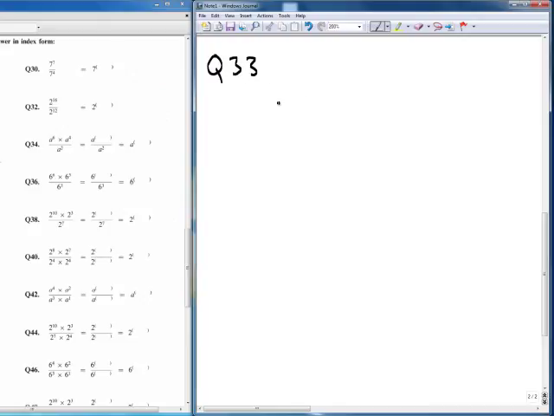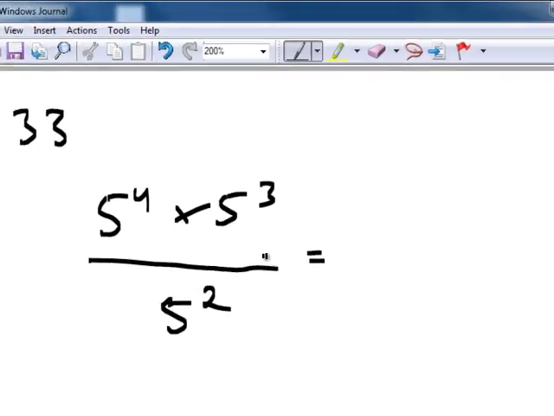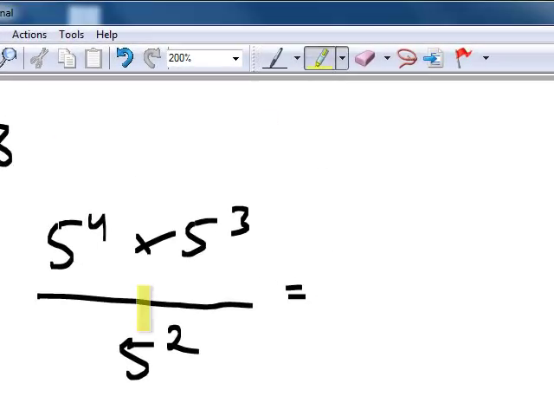We have 5 index 4 times 5 index 3 over 5 index 2. So before we do anything, let's simplify. Try to simplify this. So we're not going to get an answer right away. We have to simplify this.